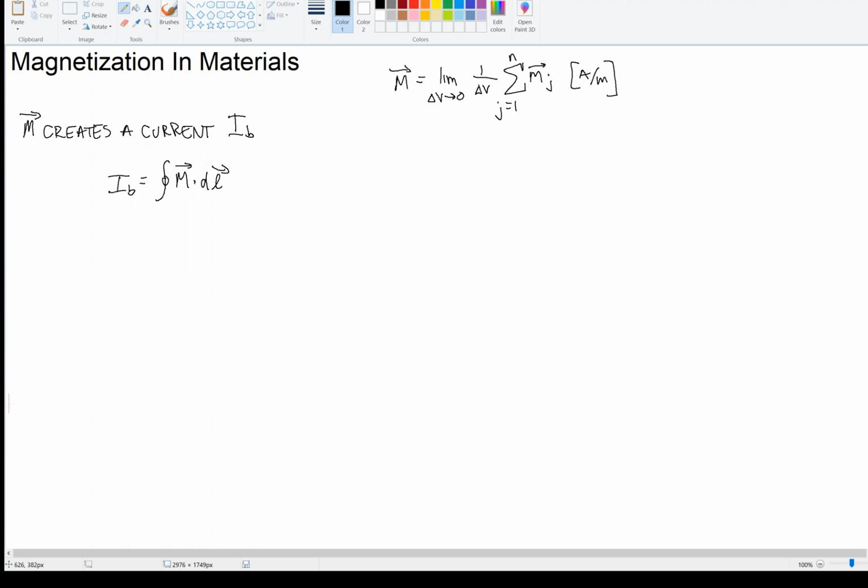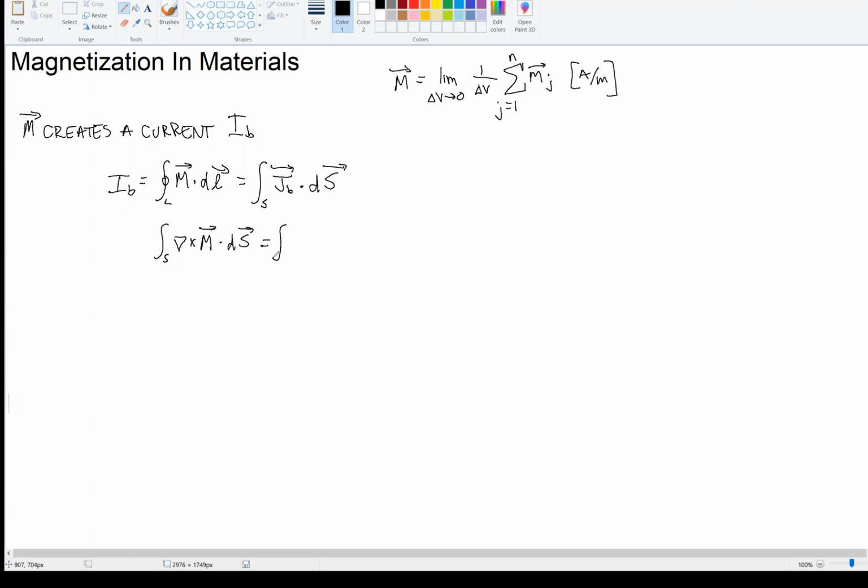Okay, and of course this is going to be equal to a surface integral, and we'll call it the bound current density dot dS. Now from Stokes' theorem, which relates a closed line integral, what we have over here, to a surface integral, we can write this closed line integral as the surface integral of the curl of the magnetization dotted with dS.